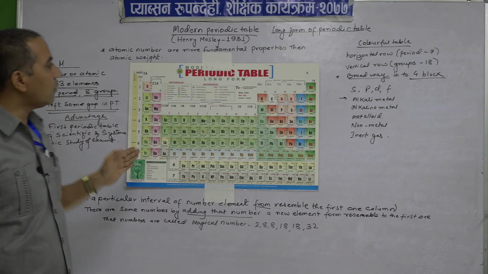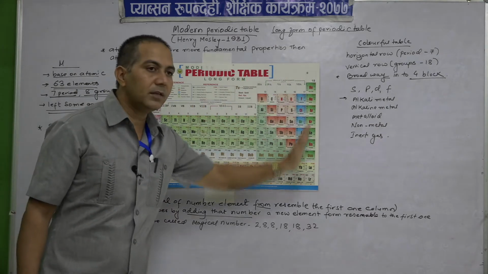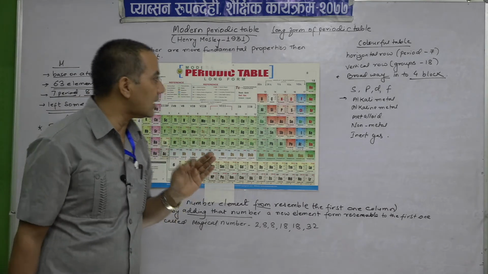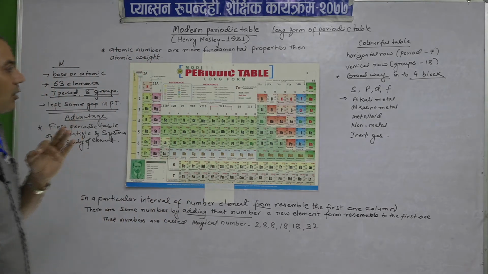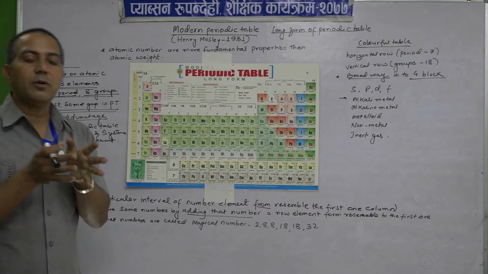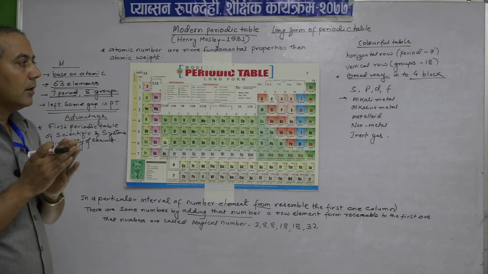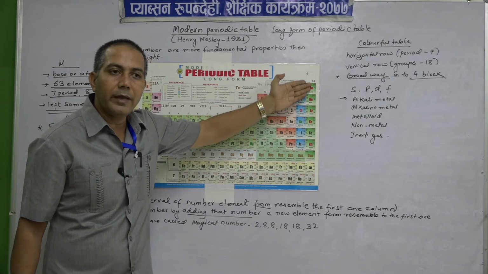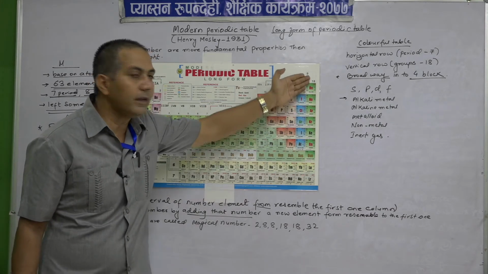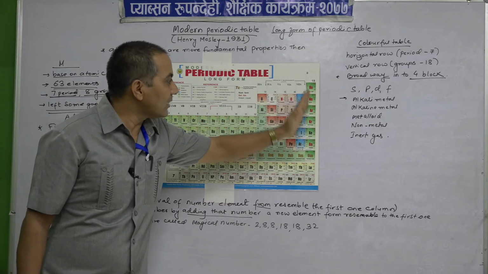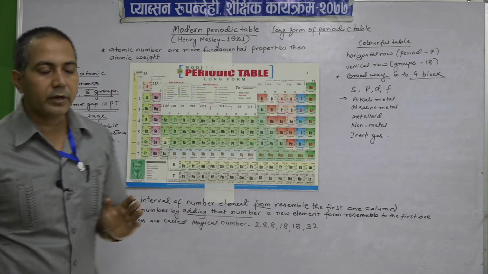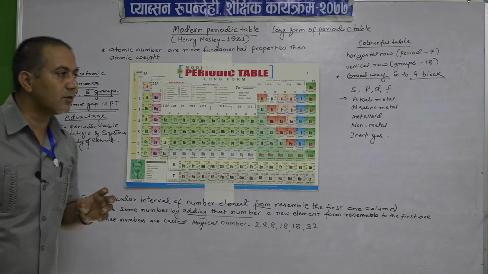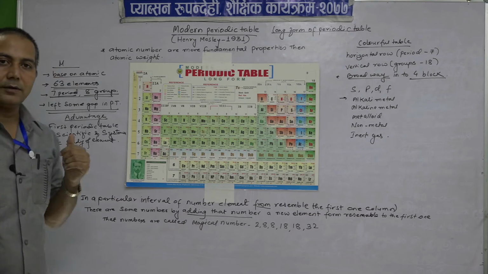It means the zero group, the inert gases like helium, neon, argon, were not discovered at that time, but now in the modern periodic table we find them in the last group, group 18. So it has not disturbed the Mendeleev periodic table. These are the 3 major advantages of the Mendeleev periodic table.